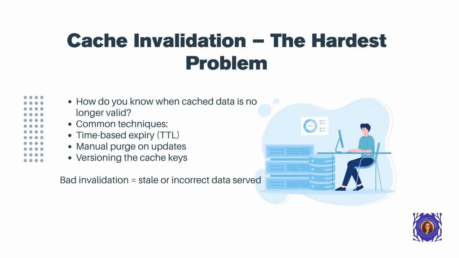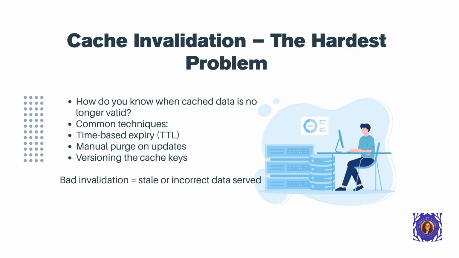Common techniques to tackle this include time-based expiry, TTL, setting a time to live on cached items, after which they are automatically removed, ensuring eventual consistency. Manual purge on updates. When source data is updated, proactively sending a signal to the cache to invalidate or purge the corresponding cached entry.